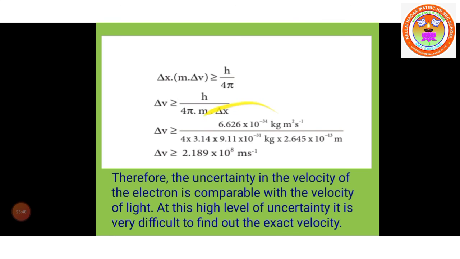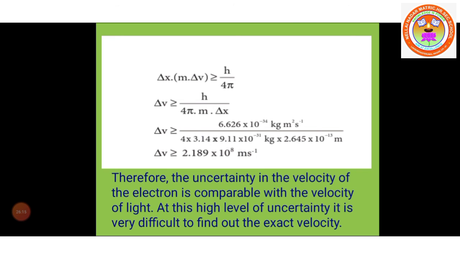We already know h is the Planck constant, 6.626 into 10 to the power minus 34 kilogram meter square per second. Then 4 pi value, with pi as 3.14. Then the mass of the electron is 9.11 into 10 to the power minus 31 kilogram. Then the change in position is 2.645 into 10 to the power minus 13 meter.